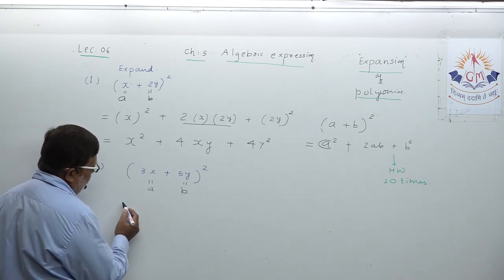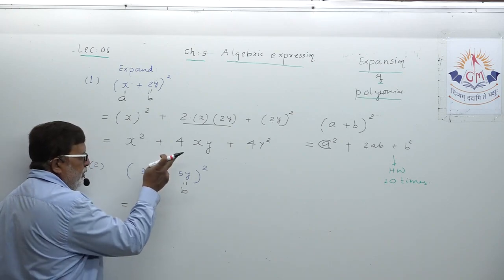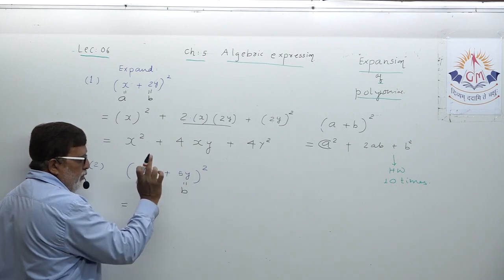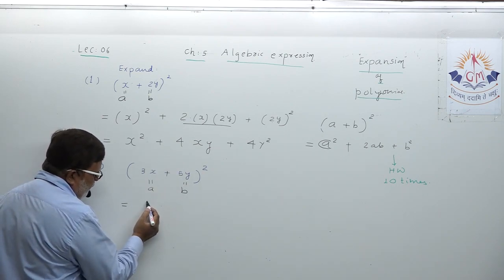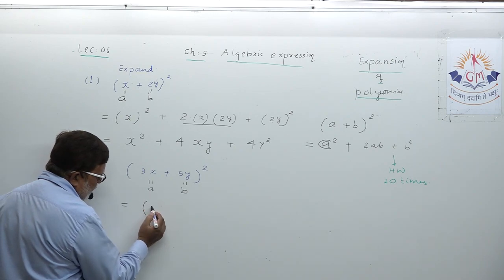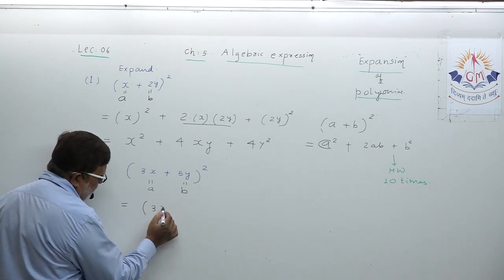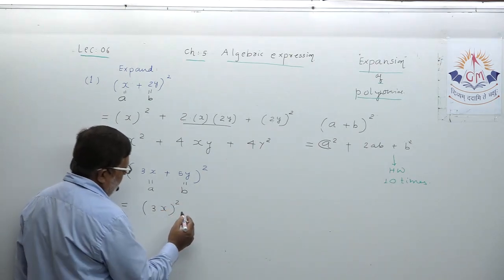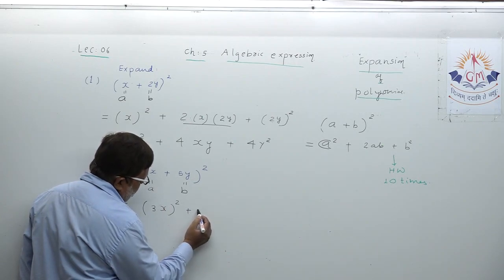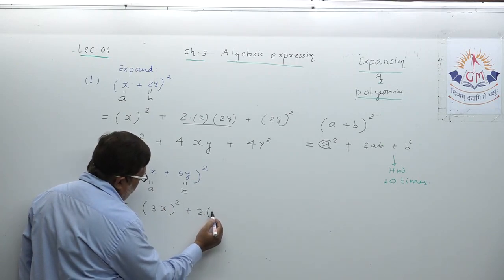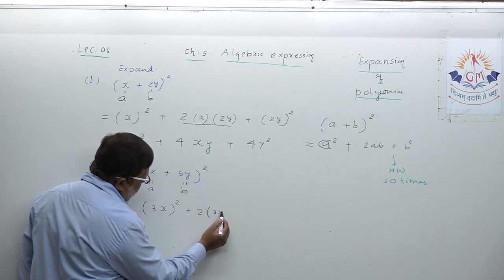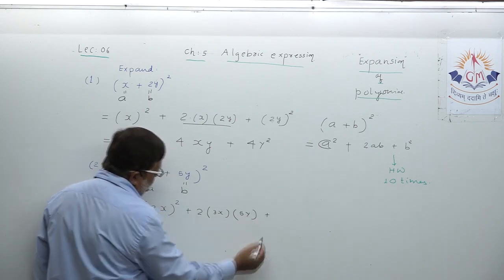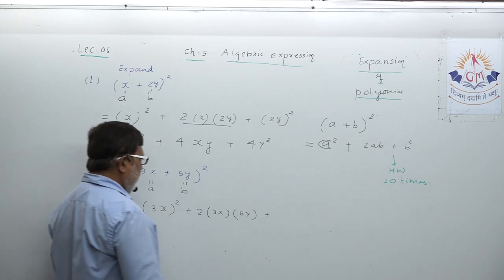Okay, let us continue. What is the format? You know, A square plus 2ab plus B square. First A square, in place of A we have to write 3x, plus 2ab. 2, in place of A always put in bracket, in place of B 5y, plus B square.